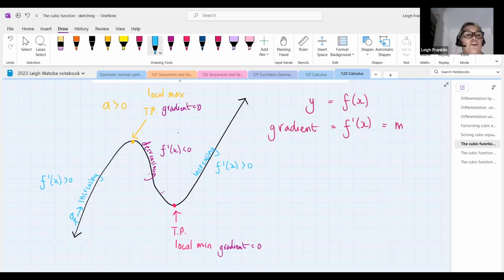It's not just the gradient that changes depending where on the function we are. We've also spoken about concavity, and that the graph changes from being concave up to concave down to concave up. Now, the point at which the concavity changes has a specific name. Does anybody know what that name is?